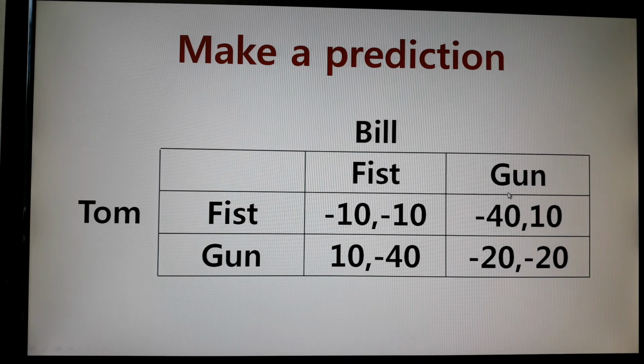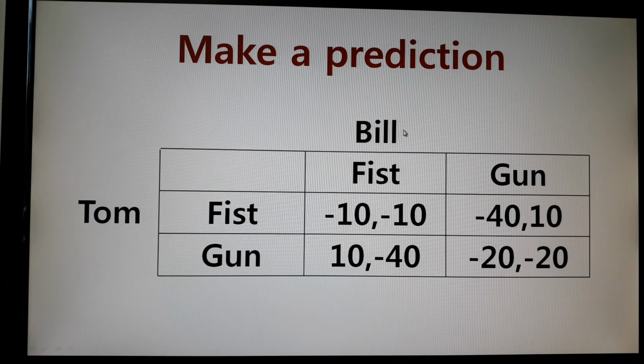If Bill chooses gun, and Tom chooses fist, it's negative 40. If Tom chooses gun, negative 20. Both not good, but negative 20 is better than negative 40. So Tom would choose gun.